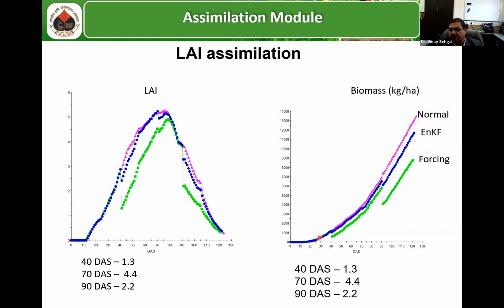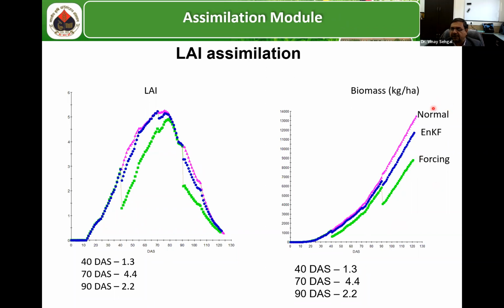So finally, whatever final biomass is produced would be different because now the model goes on a different course. The model would have predicted something like 13 tons of above ground biomass. But once you have reduced the growth based on LAI, it is going to produce only 8.5 tons.